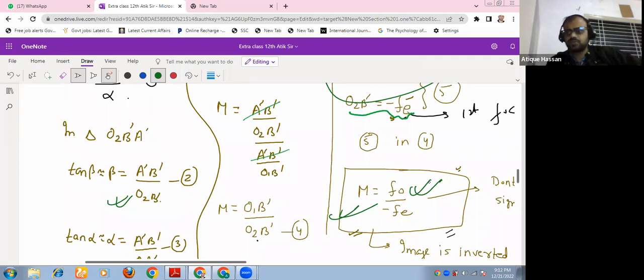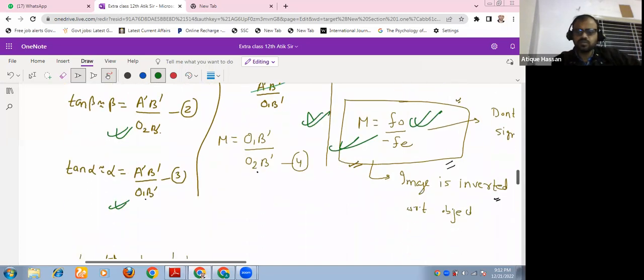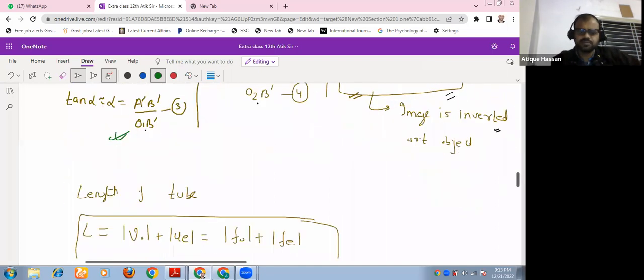Sometimes we get overlapped: what is the formula for capital D and what is the formula for infinity? So for the least distance of distinct vision, there must be D in the final expression of magnifying power, and in case of normal vision, there will not be any D in the expression. So here it is minus F naught by Fe. So this is the formula for normal vision or relaxed eye or final image at infinity.